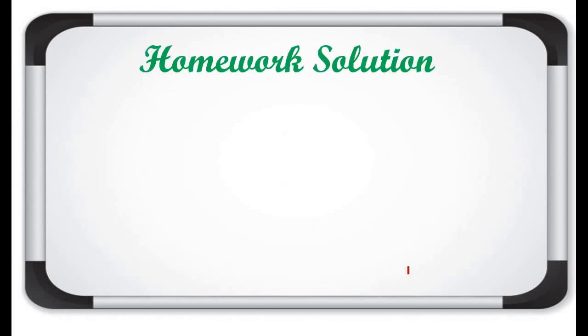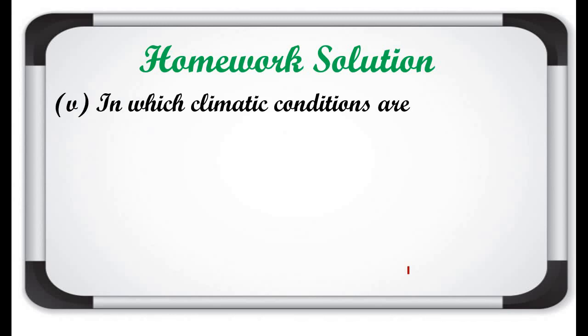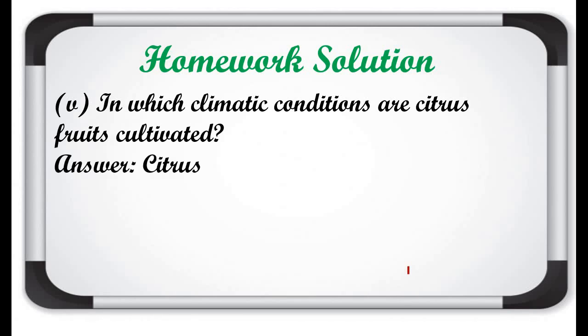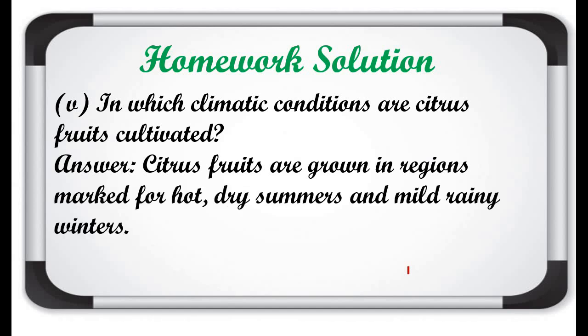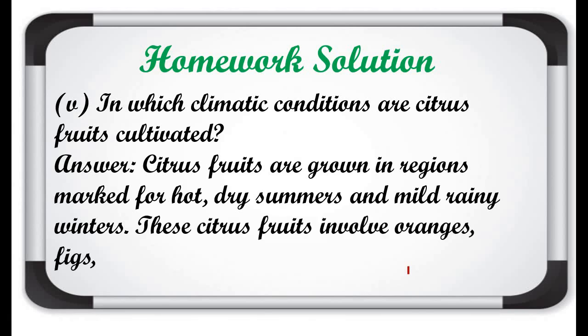Okay students, now the next question, the 5th part: in which climatic condition are citrus fruits cultivated? Yesterday we studied the Mediterranean Sea. Citrus fruits are grown in regions marked by hot, dry summers and mild rainy winters, and citrus fruits include oranges, figs, olives and grapes, found near the Mediterranean Sea.